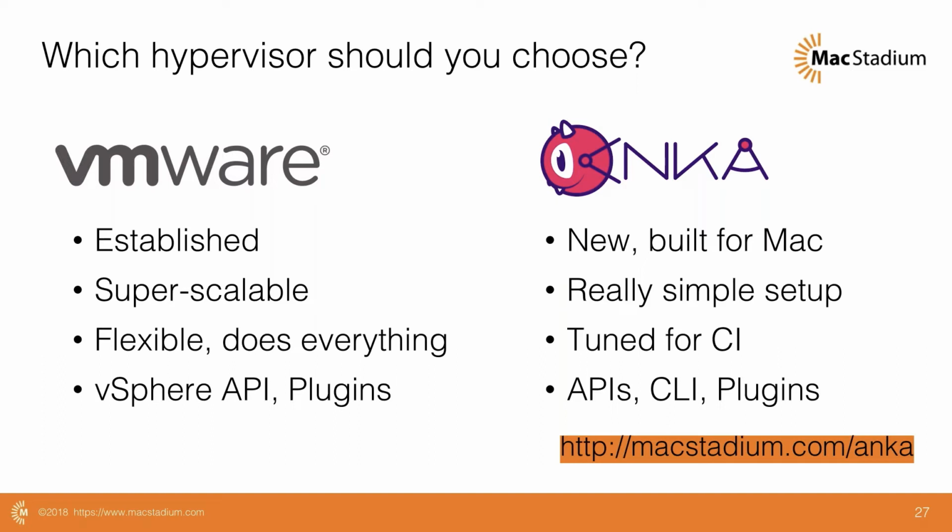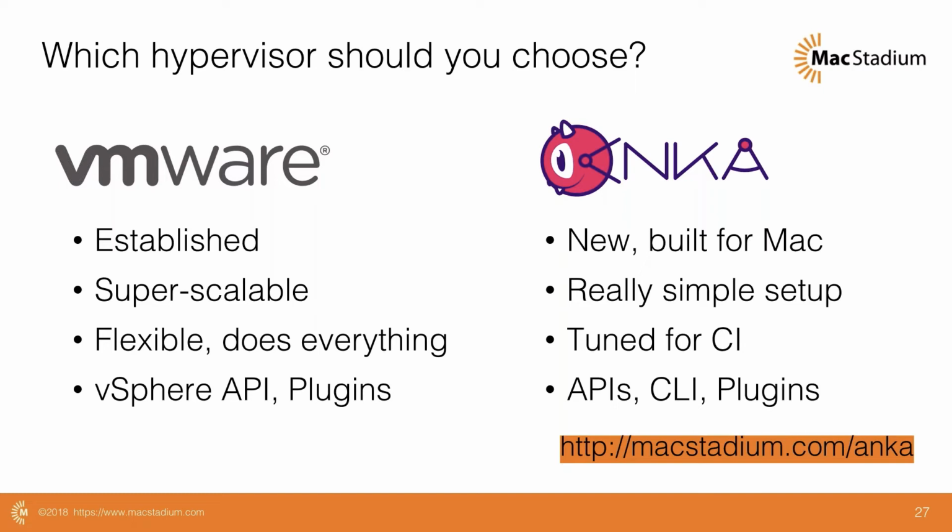They make super scalable products, and they make products that are flexible and are really designed to do everything, which can be a pro and a con. You might find workarounds that you have to deploy to actually get it to do a Mac CI cloud. But it comes with a robust developer community. vSphere APIs and plugins mean that you can do almost anything you want with VMware.